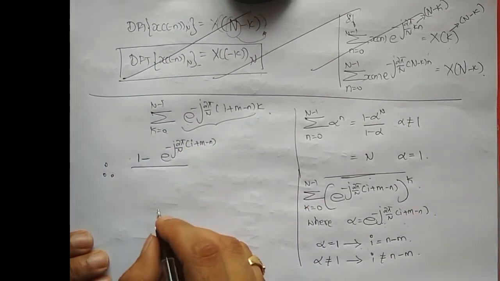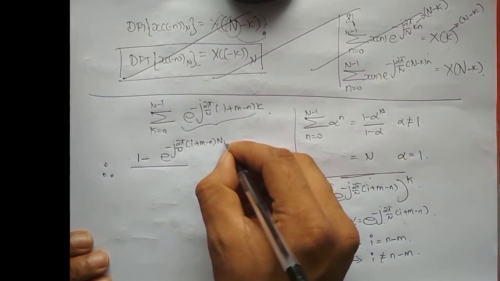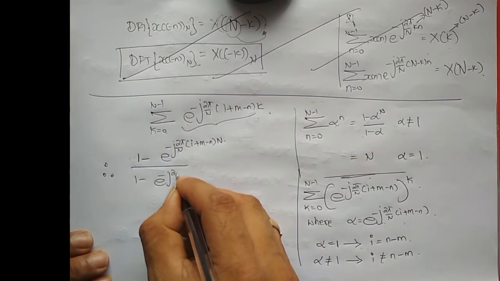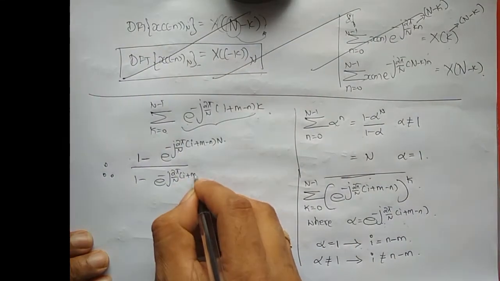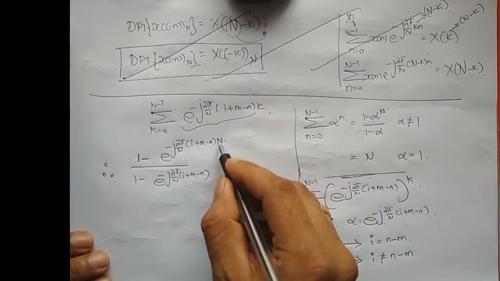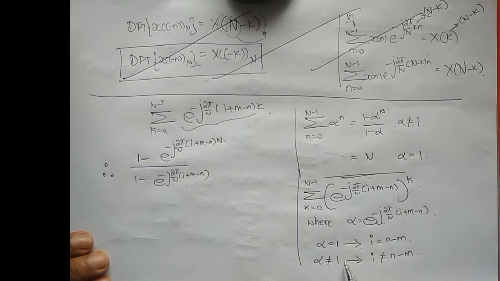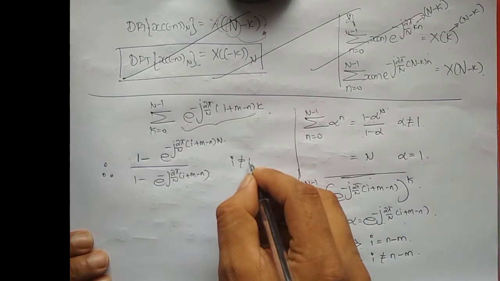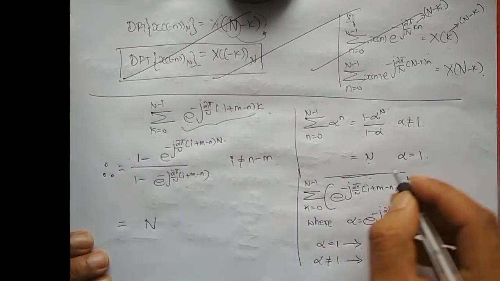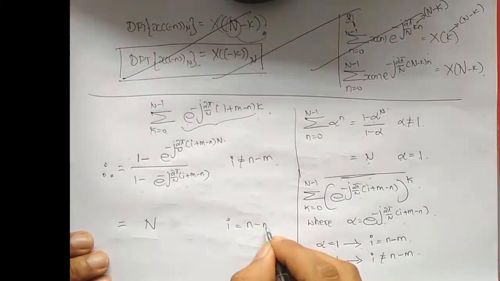So 1 minus alpha power N divided by 1 minus alpha, for alpha not equal to 1, and equal to N for alpha equal to 1. Alpha not equal to 1 implies I not equal to N minus m, and alpha equal to 1 implies I equal to N minus m, right?